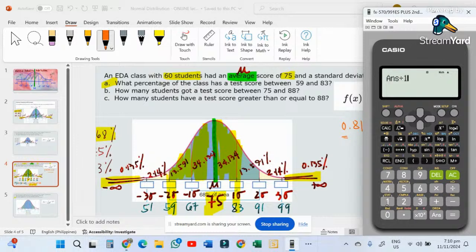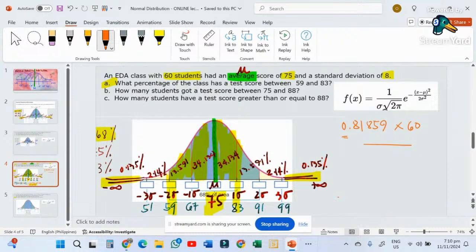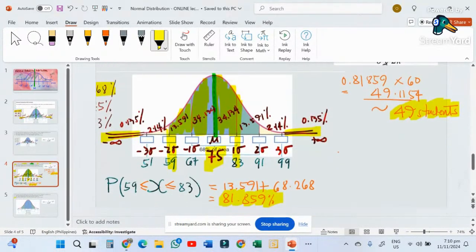You just have to divide that by 100 so that you will have a decimal, and then times 60. Bang, you have 49.1154. I'll just approximate it to 49 because there's no 0.11 student. So there were 49 students whose scores are from 59 to 83.